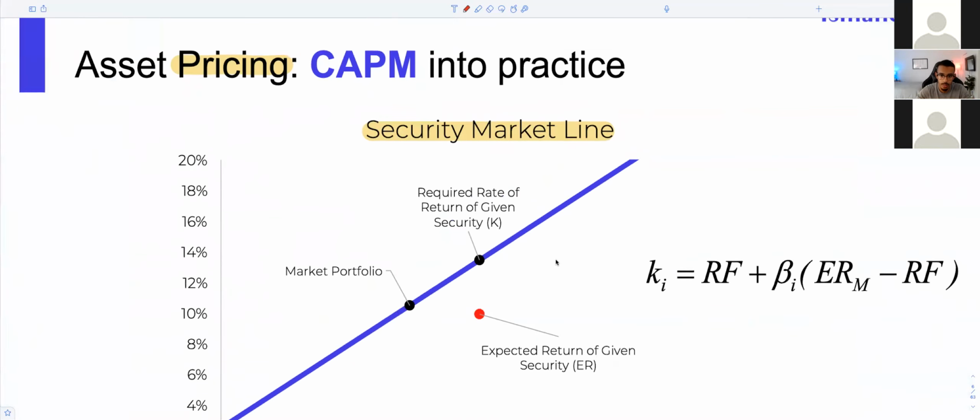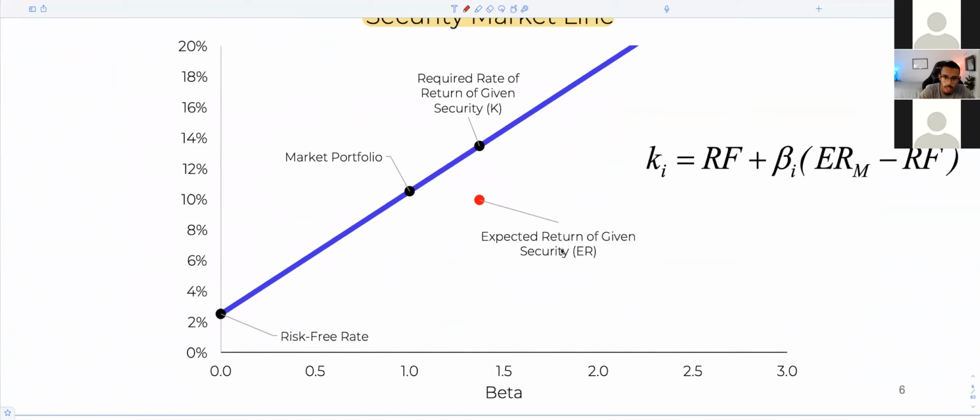this red dot that we have right here, we're going to call it Tesla's expected return. Okay. And if we check where it's at, it seems like Tesla's expected return is like 9%. And it also seems that our security market line says that K, the required rate of return, is, call it, 12%.